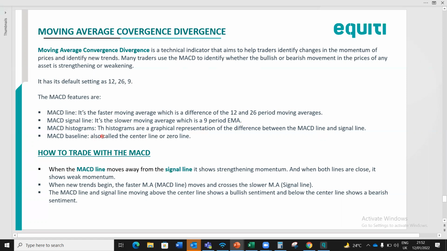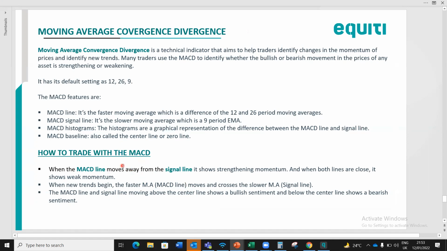Then we have the MACD histograms. The MACD histograms are graphical representations of the difference between the MACD line and the signal line. I'm going to show you all of these once we look at the chart.